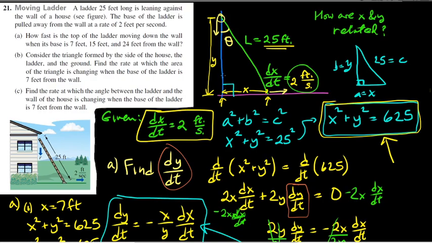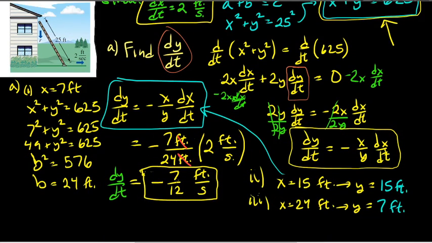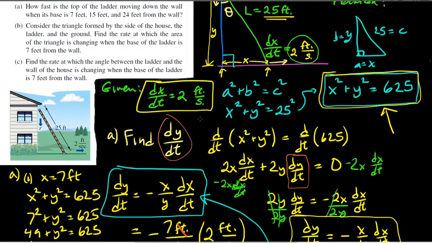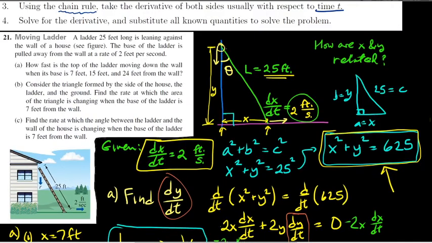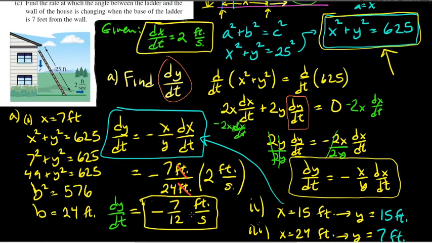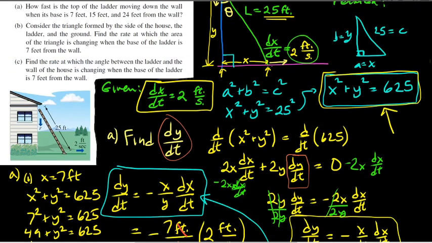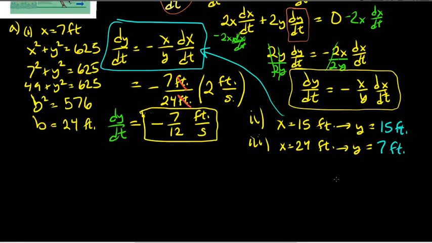So the lower the y, the smaller the y, the lower we are. So since the ladder is moving down, that's in the negative direction. So that's why dy over dt is negative. When the height of the ladder is decreasing, the derivative will be negative. If something is increasing, like x is getting bigger at a rate of 2 feet per second, that means it's increasing. And so the derivative will be a positive 2 feet per second. Make sense?